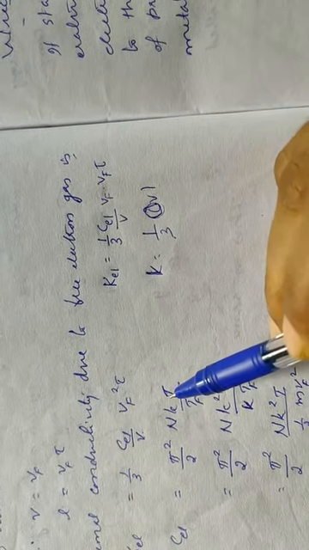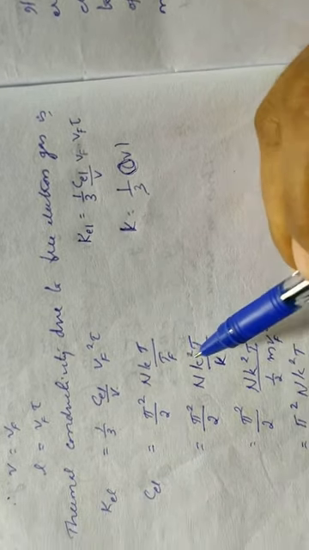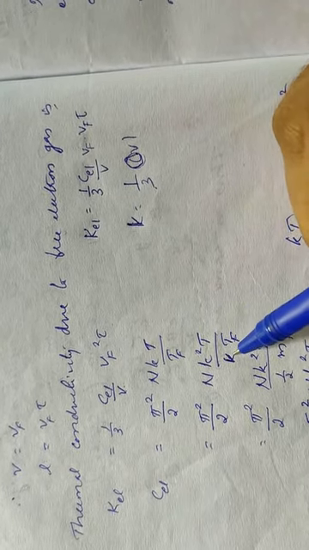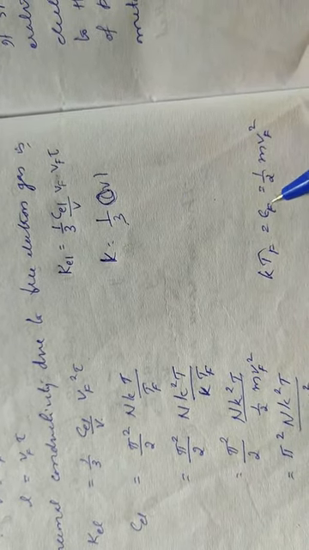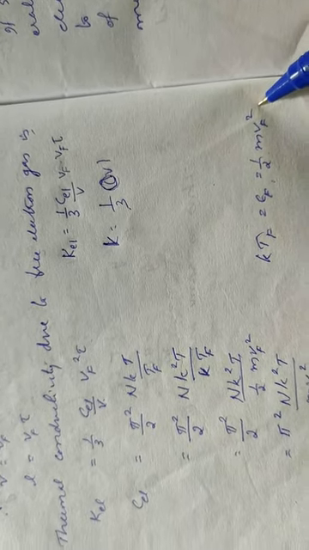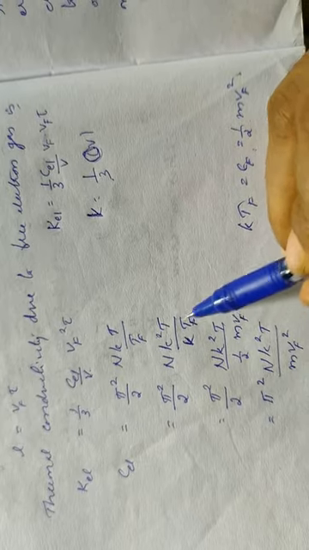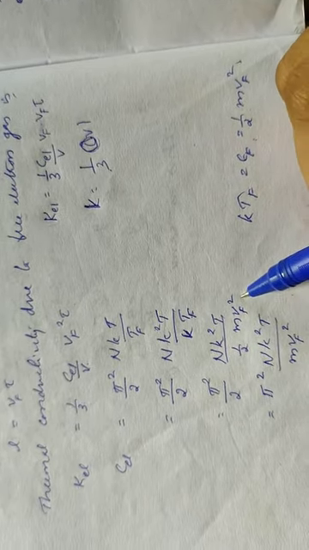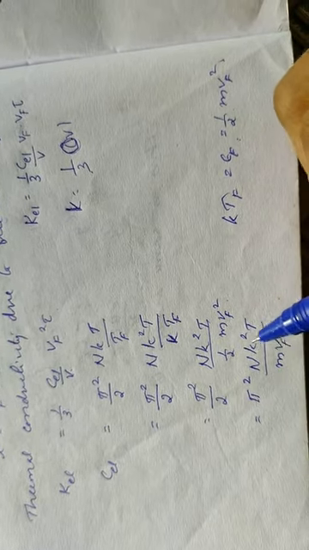Now substitute k in the numerator and denominator, so the numerator becomes k square T and the denominator k Tf, where k Tf is the Fermi energy Ef, which is equal to half m Vf square. If we substitute half m Vf square instead of k Tf, the 2 will cancel, giving pi square n k square T divided by m Vf square.